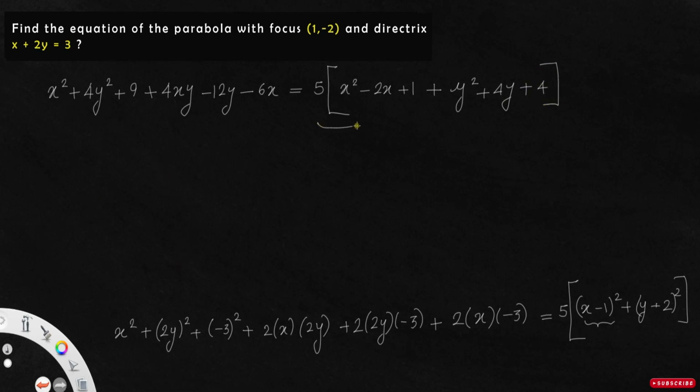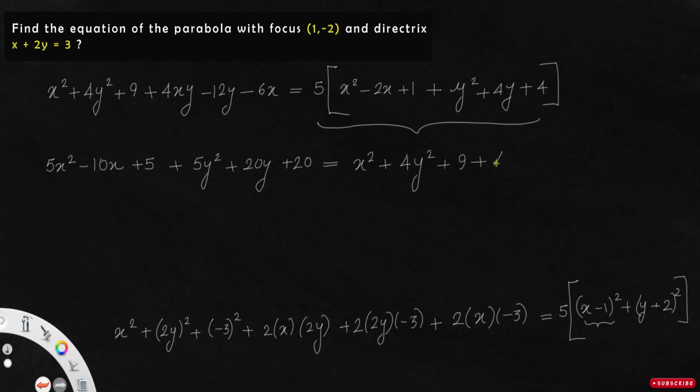Now let me write this side first. So this will be 5x square minus 10x plus 5, multiplying each term with 5, 5y square plus 20y plus 20 equal to x square plus 4y square plus 9 plus 4xy minus 12y minus 6x.